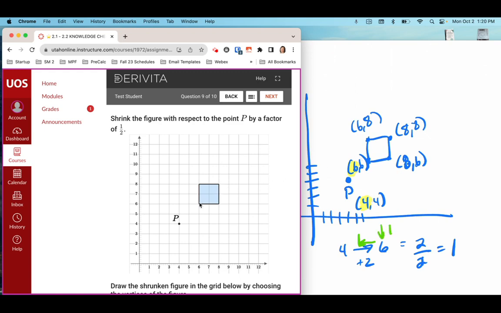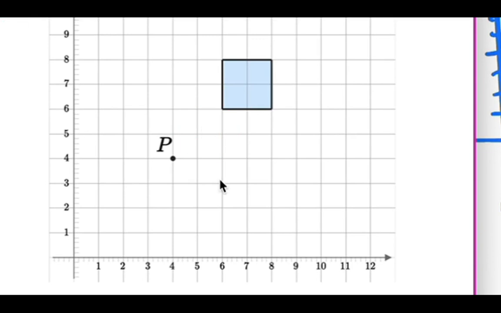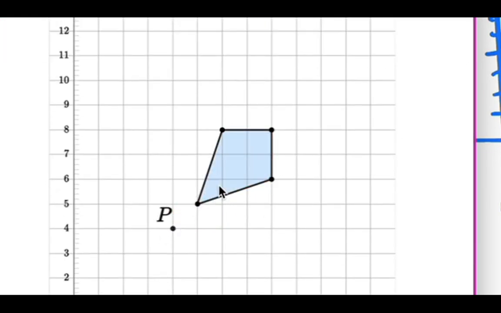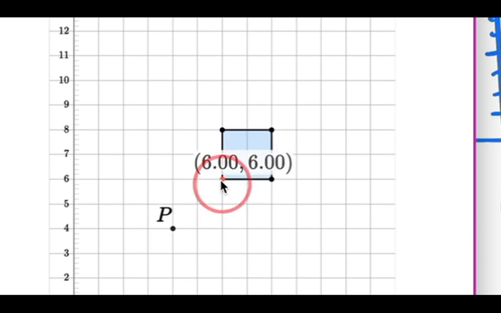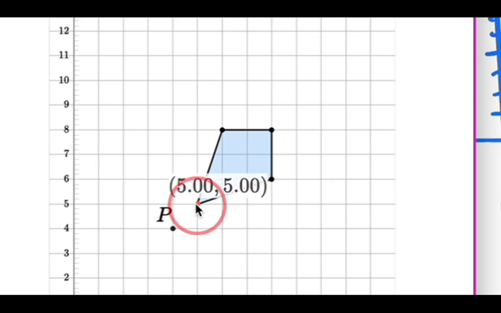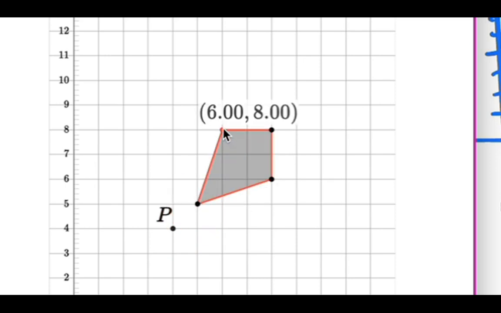So if I were to do that, I would move this at, oops, I'm on the wrong one right here. 5, 5. And notice if we drew a diagonal, we're like halfway there. Now we know that this has to line up, so it's got to be here, but where does it have to be vertically? Well, what's the difference between 4 and 8?